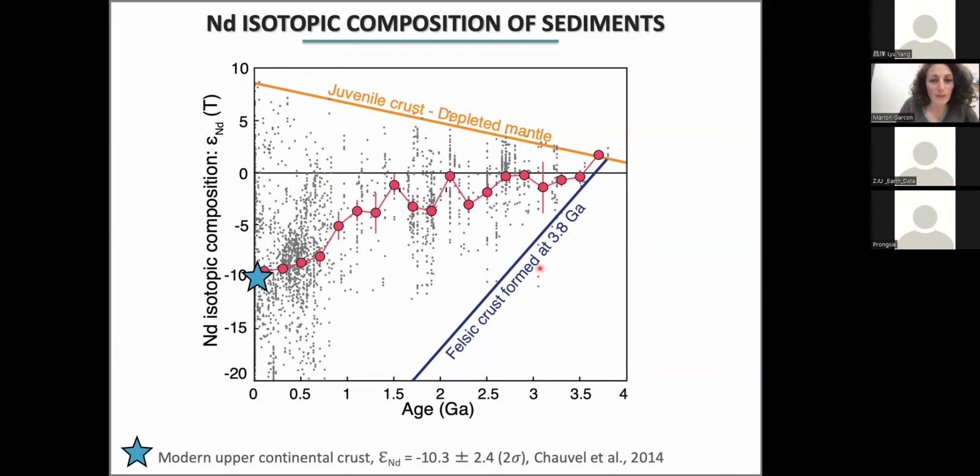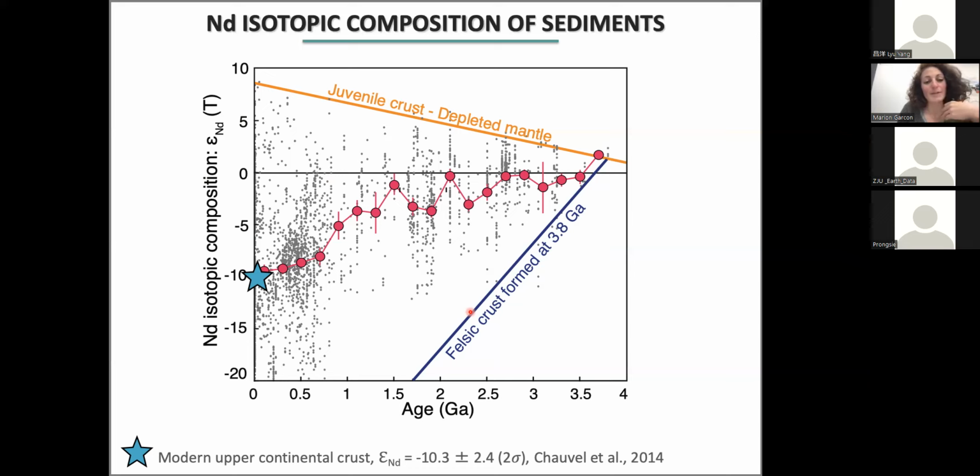And so this means that at any point T of Earth's history, you can basically see the crust as a mixture between a new contribution from the depleted mantle and something that is already formed from some time.